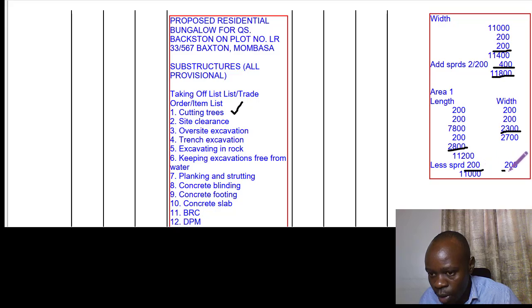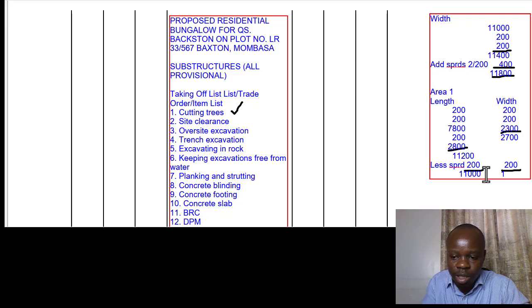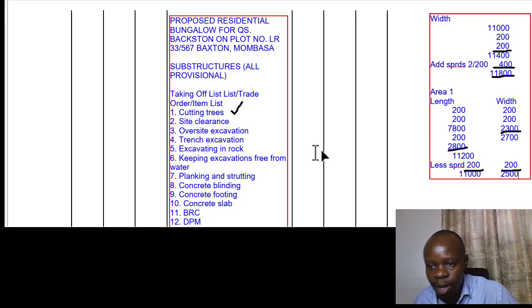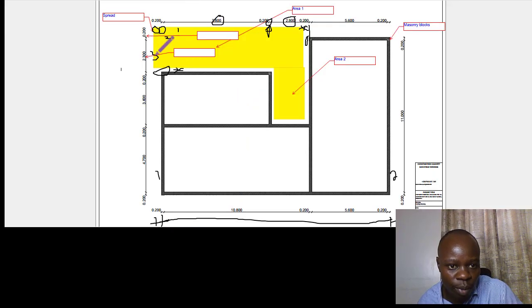Then when we do the calculation, 2,700 minus 200 is supposed to give you 2,500 for the width of that particular side. Okay, so that having been said, yeah, that is 2,500.